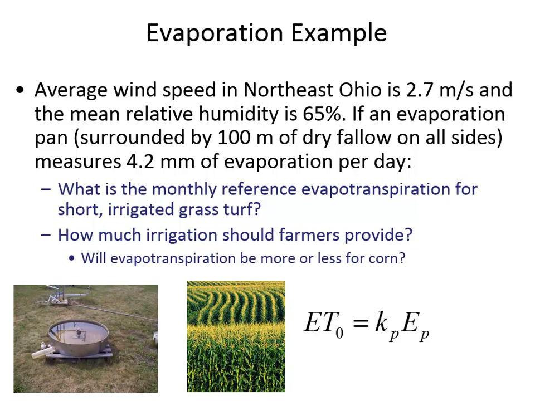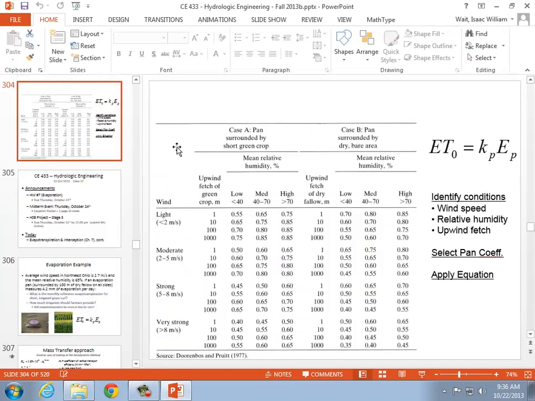And then the evaporation pan is surrounded by 100 meters of dry fallow on all sides. And the reason why that's relevant is if we go back to the table of pan coefficients, surrounded by dry fallow, 100 meters on all sides.